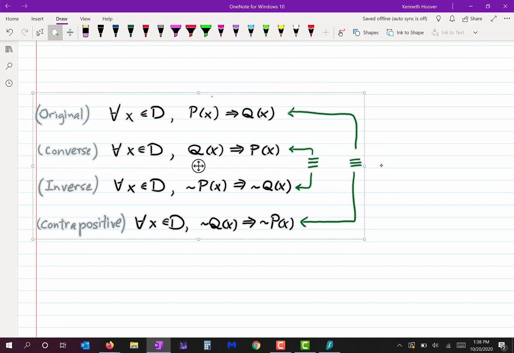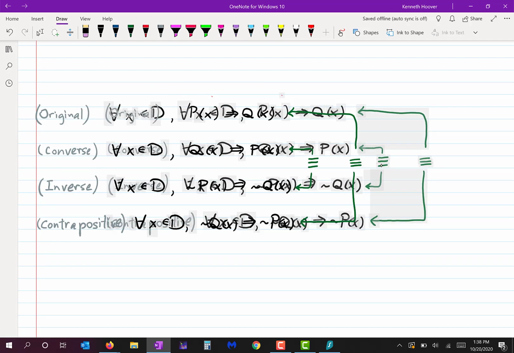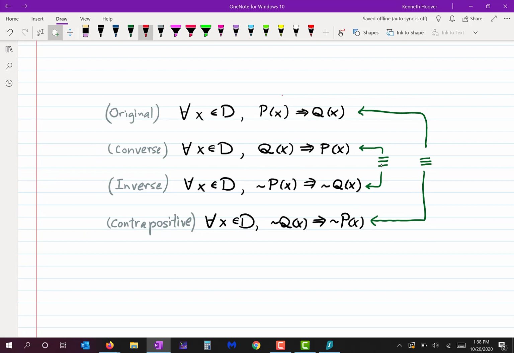I'm going to move this all over and give myself some more room on the left-hand side. Okay, so that's very important. I know you've seen those relationships before in chapter 1, so I won't say anything more about it.